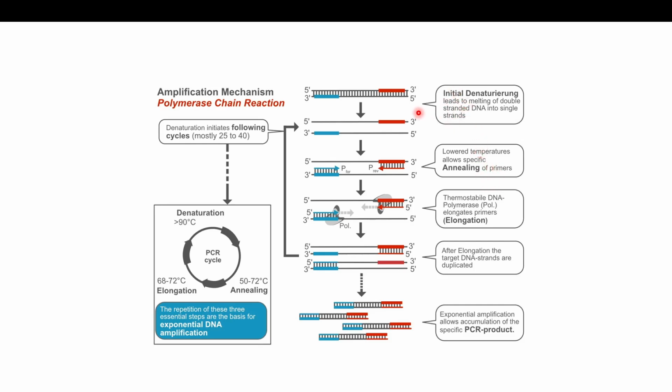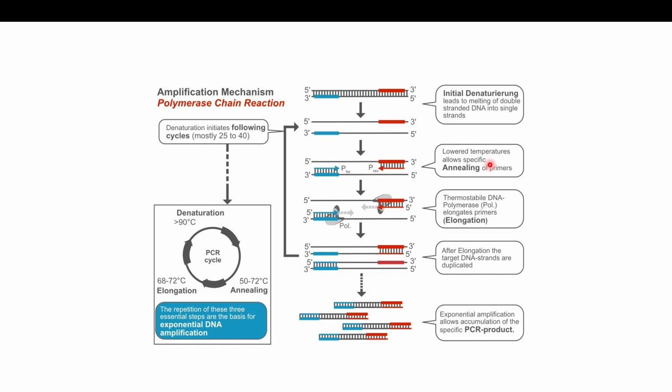Usually denaturation takes place at much higher temperatures of around 95 to 98 degrees Celsius, and then the temperature has to be lowered for the primers to join, because the primers join due to complementary hydrogen bond formation. So if the temperature is still high, it won't let the primers anneal onto the specific sequence.